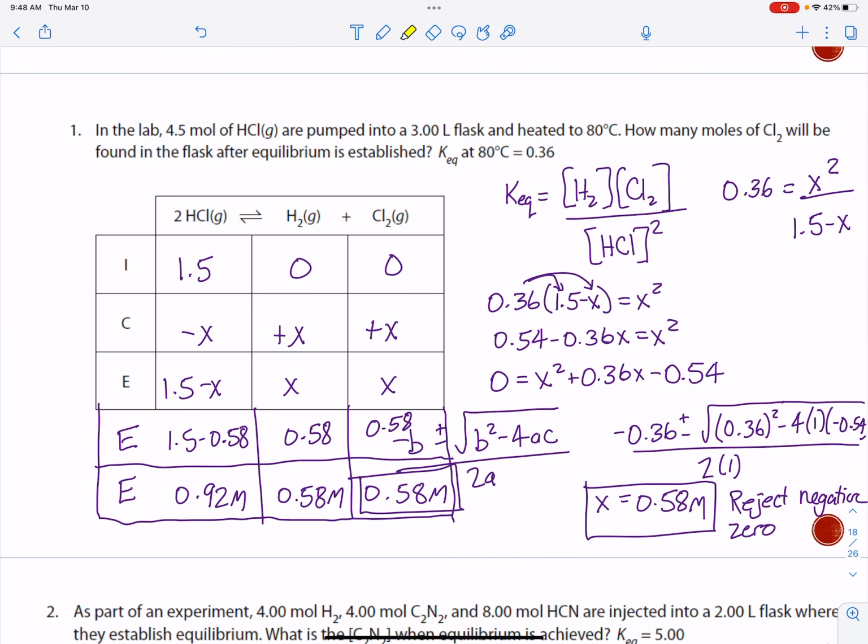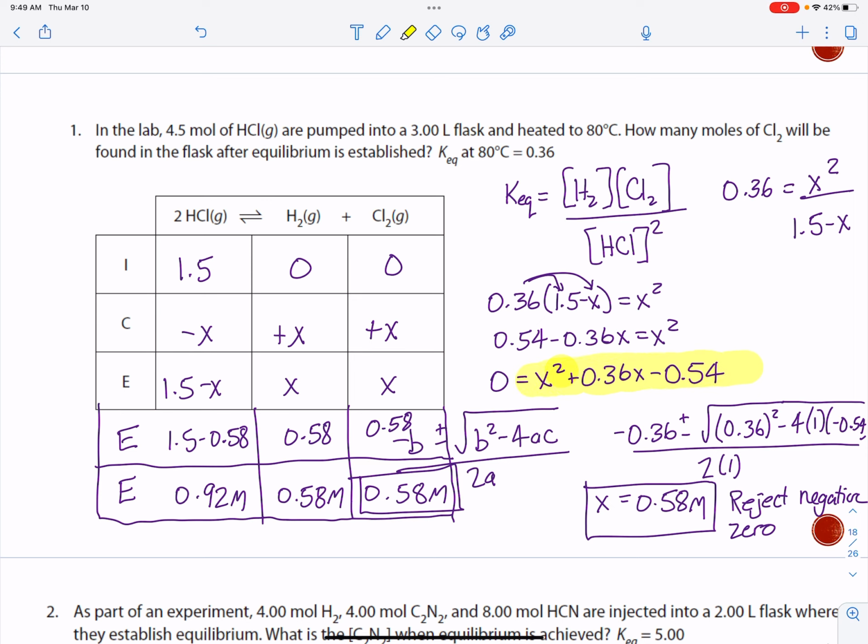So question number 1 here says, in the lab, we've got some hydrochloric acid that is pumped into a 3-liter flask. So immediately I have to convert that to molarity. It's heated to 80 degrees Celsius. How many moles of Cl2 will be found in that flask after equilibrium is established? As I'm going through this problem, I collect all of my like terms, but we end up with x squared plus 0.36x minus 0.54.